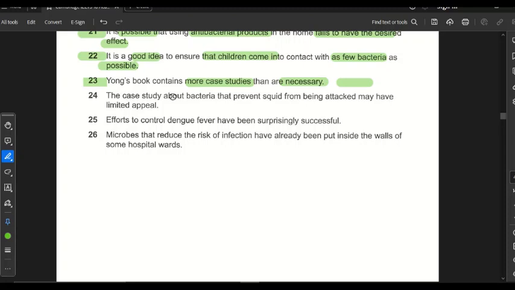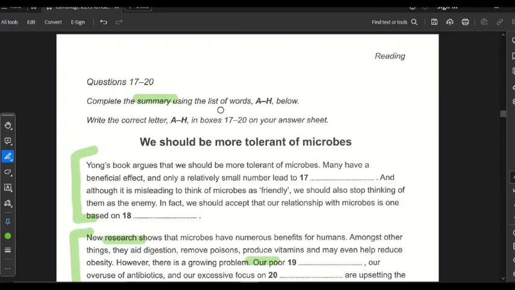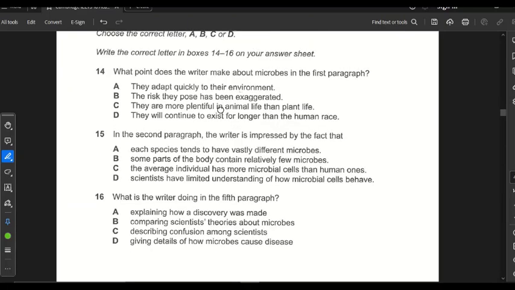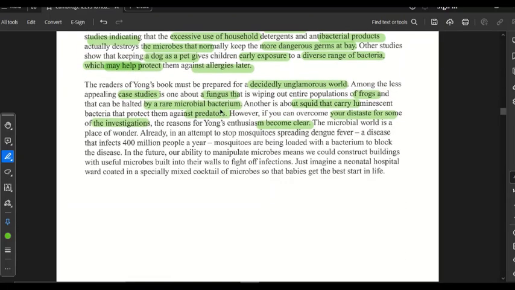The case studies about bacteria that prevent squid from being attacked may have limited appeal. Hmm. I think we read about that one. May have a limited appeal, which means it's not that nice. So let's see.